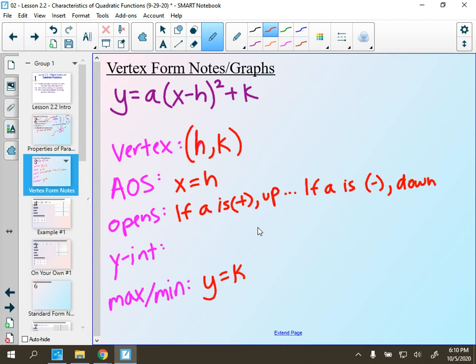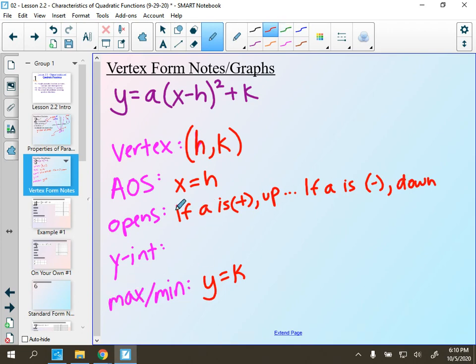That should hopefully not be out of left field, because we talked about a negative a value reflecting a graph over the x-axis, which would turn it upside down. Based on that, we said an automatic black and white: if it opens up, it's going to have a minimum value. If it opens down, it's going to have a maximum value. So I'll just ask you to circle one of those depending on whether it's opening up or down.